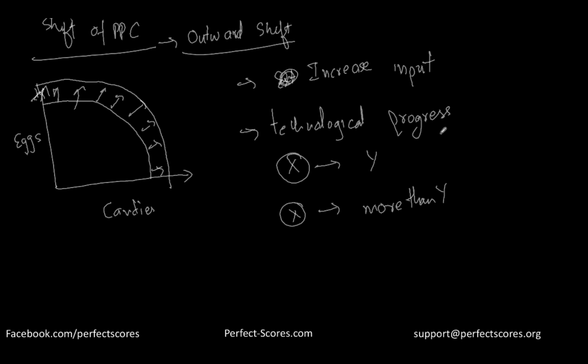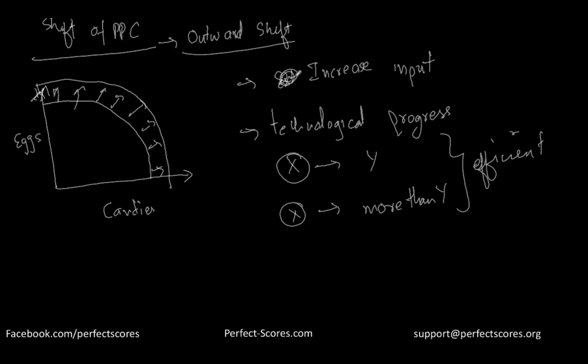So you become more efficient in your production, something that has been happening right now due to technological progress. In every sector, such as agriculture, there are new production techniques which increase the production or the yield of the agricultural products.